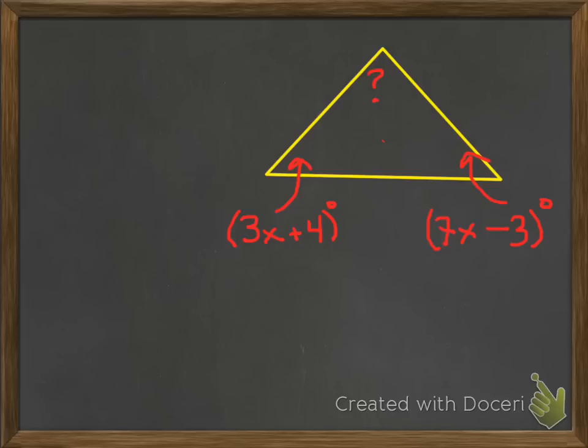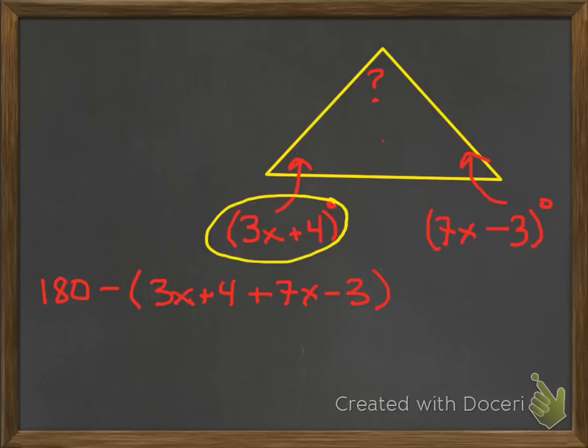We're starting with 180, and we're going to subtract the sum of 3x plus 4 and 7x minus 3. So all I'm doing is taking my 3x plus 4 and adding it to my 7x minus 3.